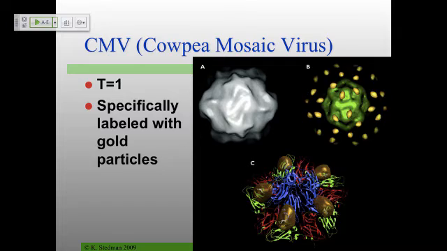So that's great, but it turns out this only works for relatively small nucleic acids. In the case of Cowpea Mosaic virus, I think it's about 3,000 nucleotides, which is pretty darn small. So how do you deal with a bigger genome?